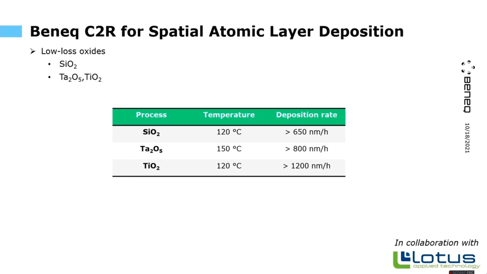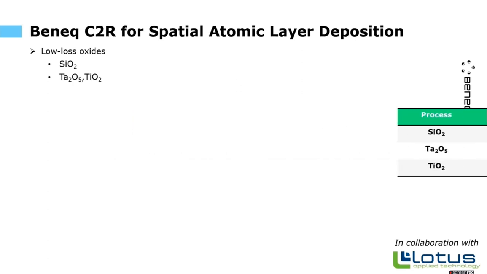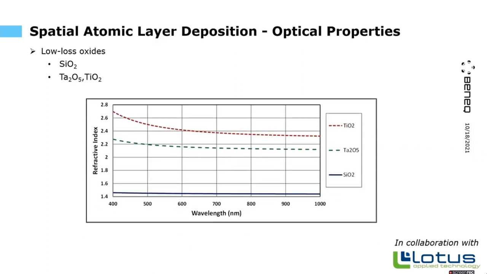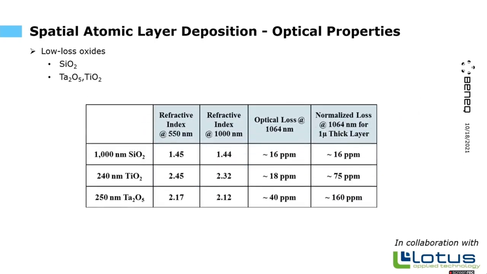So ALD is a chemistry driven, chemical vapor deposition method. So our chemistry defines what the actual growth rate is, and that's why we have a different growth rate for these films here. These oxides really result in good quality when it comes to optical properties, and their optical loss is low.